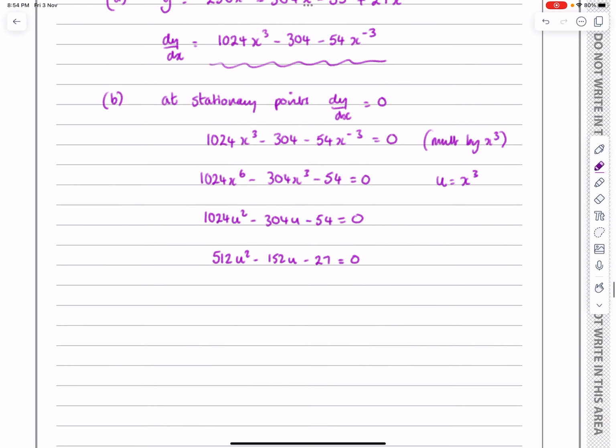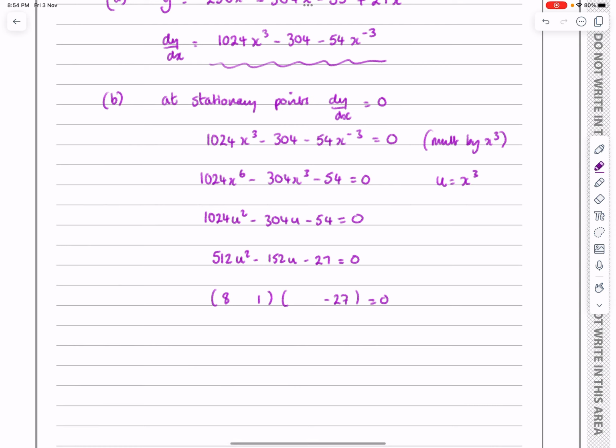Then we're trying to find factors of this, and the key is 27. So I'm going to do 1 and minus 27 as my constants. Go ahead and try and factorise it.